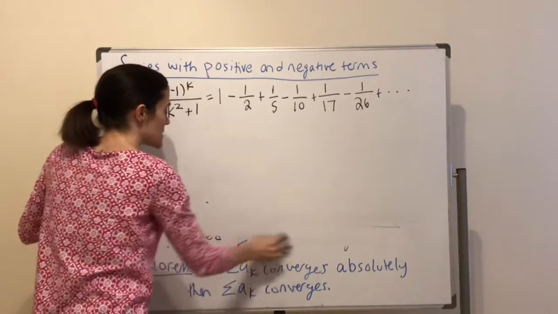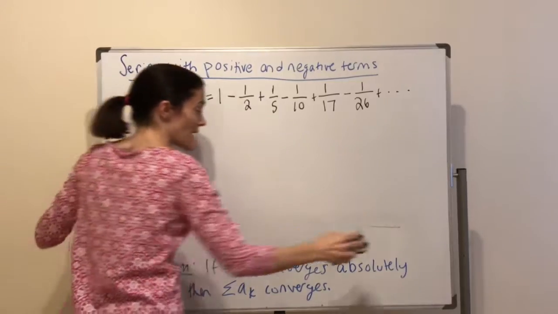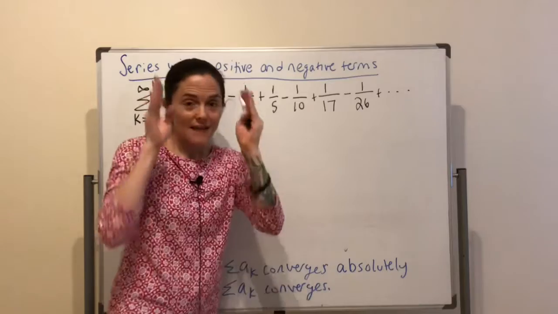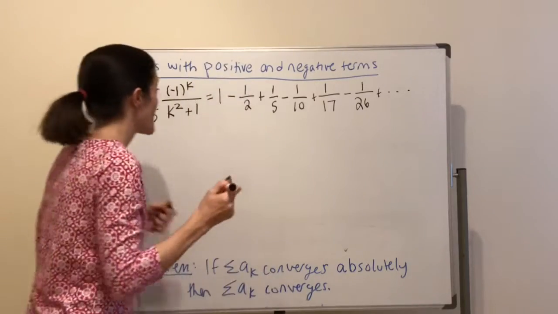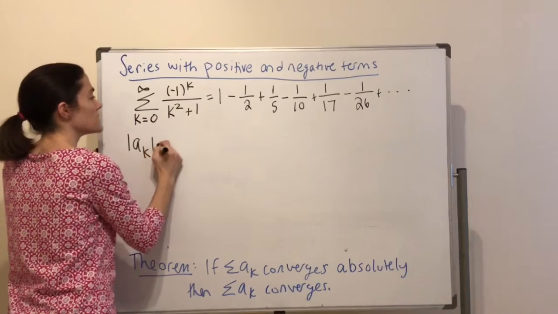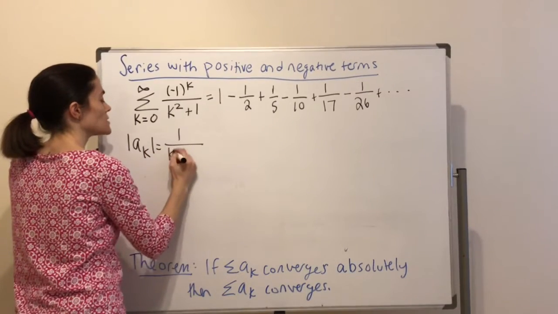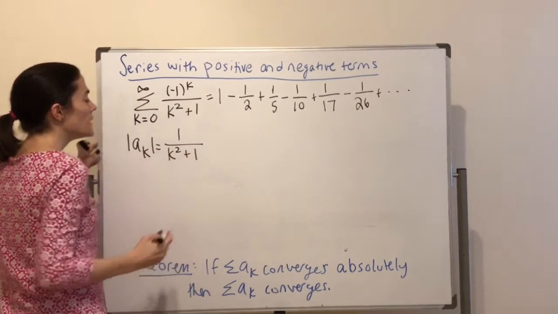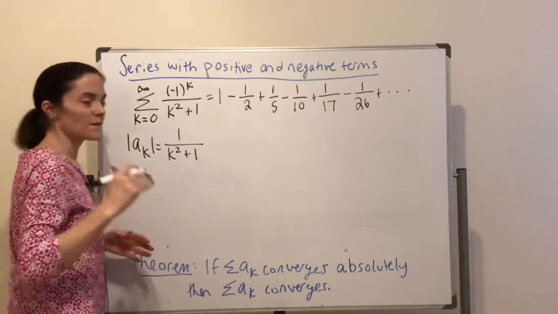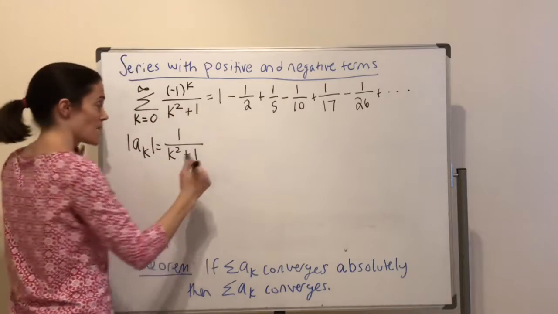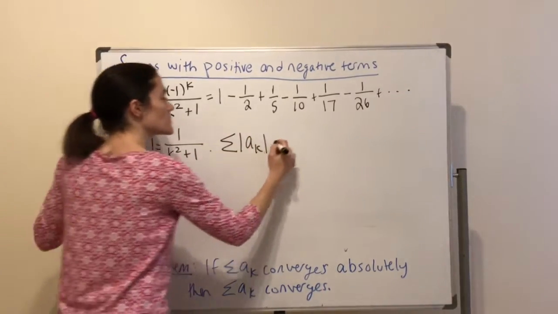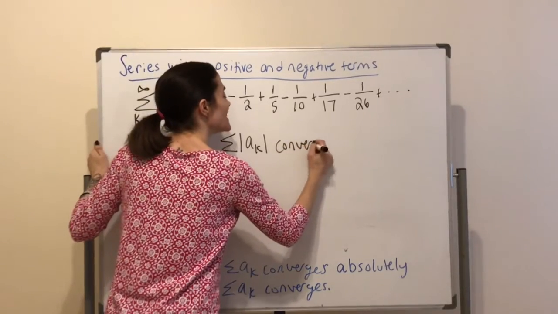Well, what happens with this series, which is in fact alternating? What happens when I look at the absolute value of a_k? Well, we see here the absolute value of a_k is 1 over k squared plus 1. This series here converges. If I take this sum, the sum of the absolute value of a_k converges. Why?